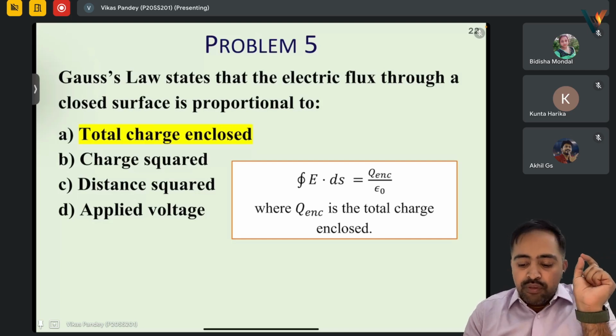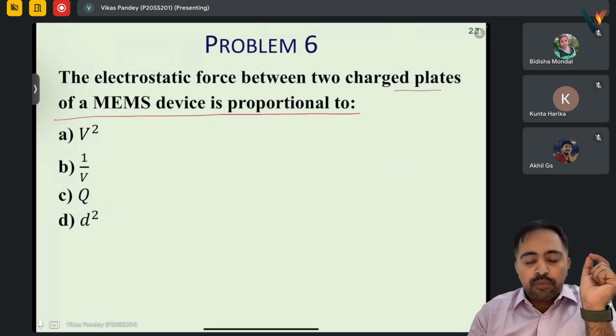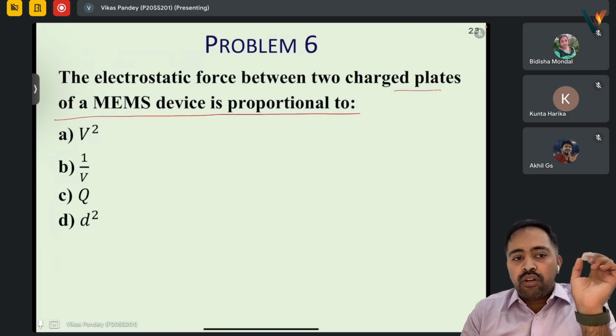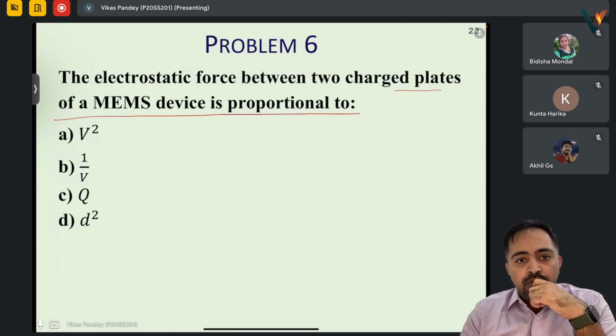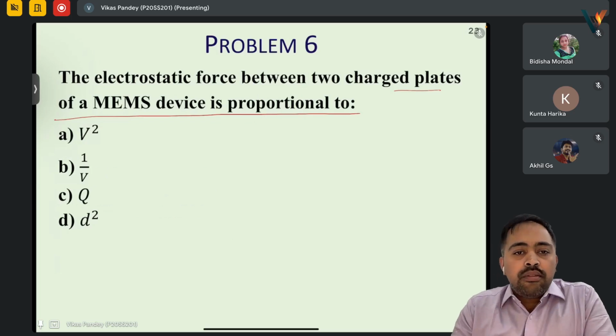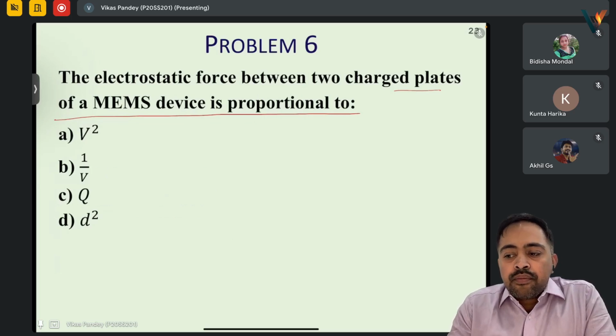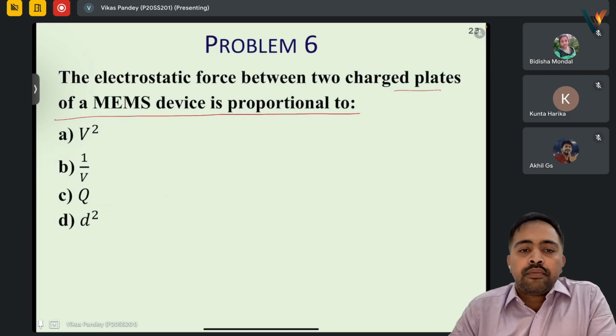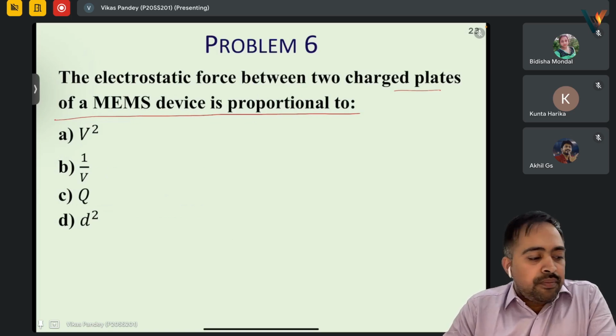The electrostatic force between two charged plates of a MEMS device is proportional to V square, 1 upon V, Q, or D square. We have discussed this, so I expect anyone will answer, please. Kunta, Harika, or Akhil, you can also answer. Anyone there?